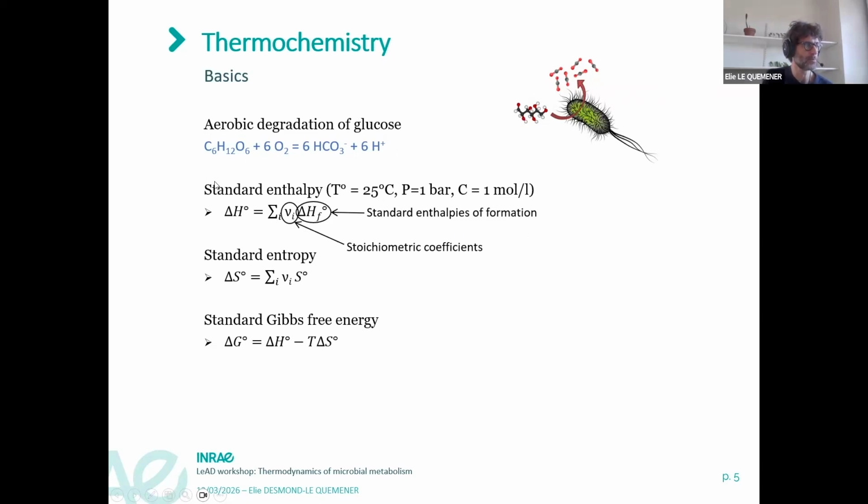So it's possible to compute the standard enthalpy of the reaction with this equation, so the sum of the standard enthalpy of formation multiplied by the stoichiometric coefficient. The stoichiometric coefficient is negative when it's a reactant, and it's positive when it's a product. So you can do that to compute enthalpy, you can do that to compute entropy, and then you can compute the standard Gibbs free energy.